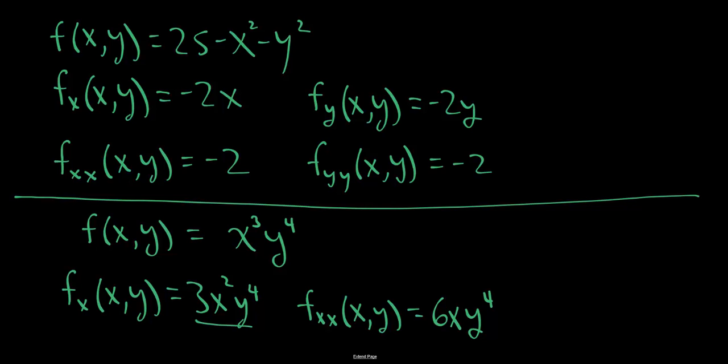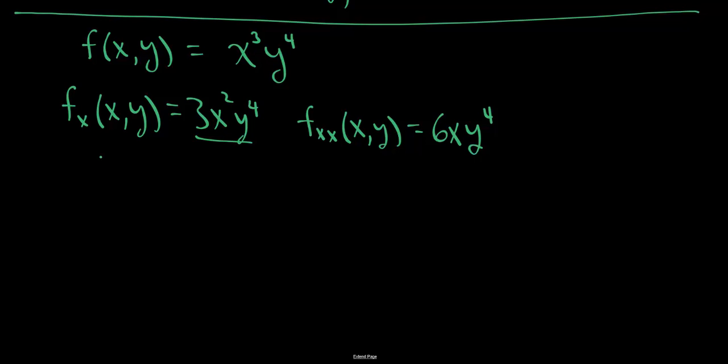Now, I want to use this other notation here. So here's what we've got. I'm saying z is equal to this. We could have partial of f with respect to x, that's what that is. And think about this now.